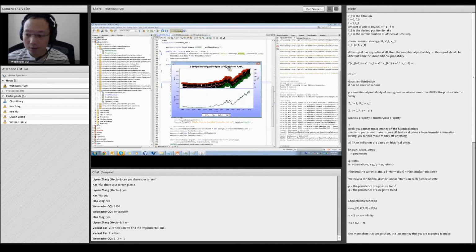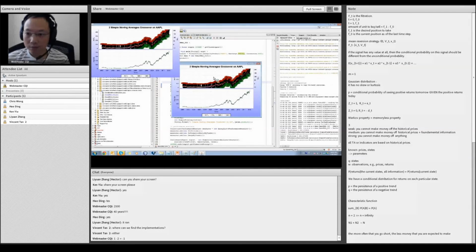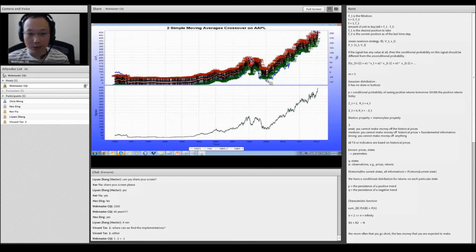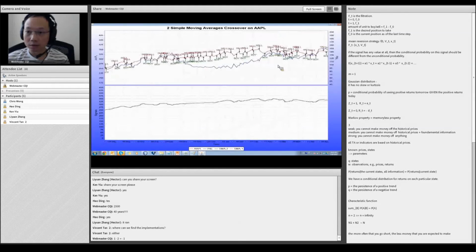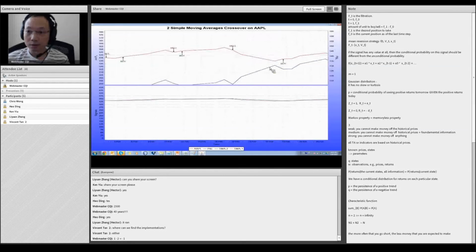So we still have 20 minutes. For the next 20 minutes, can you try to do the following? First of all, try to run this program by changing the parameters. You can put in your favorite stock here, and use different parameters for the SMA2 crossover strategies.